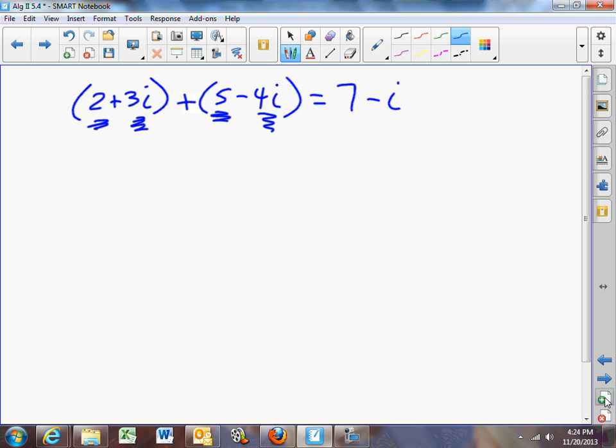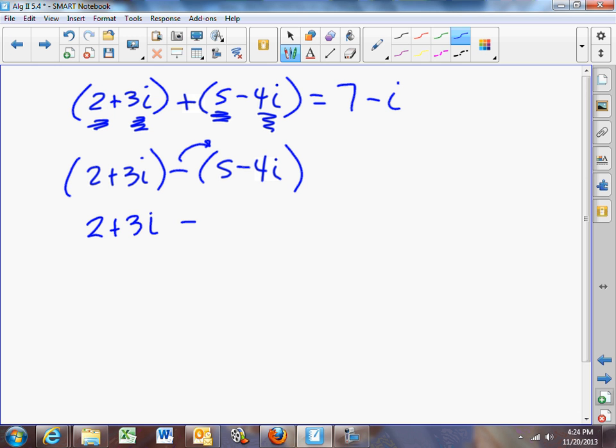If you're subtracting complex numbers, let's subtract these two: 2 plus 3i minus (5 minus 4i). You simply distribute this negative sign over the complex number you're subtracting, so it becomes 2 plus 3i minus 5 plus 4i, and then you add the real parts. 2 plus negative 5 is negative 3, and the imaginary parts, 3i plus 4i, is 7i.